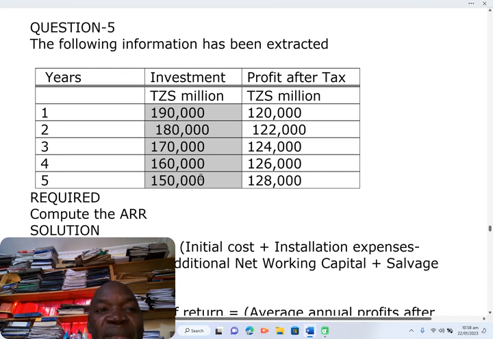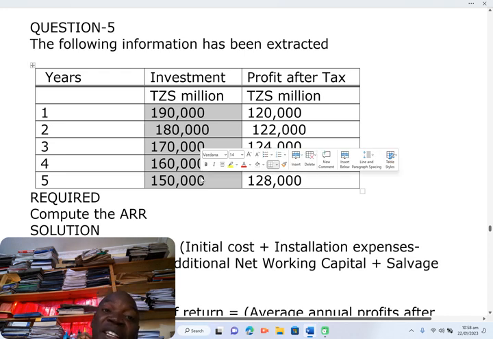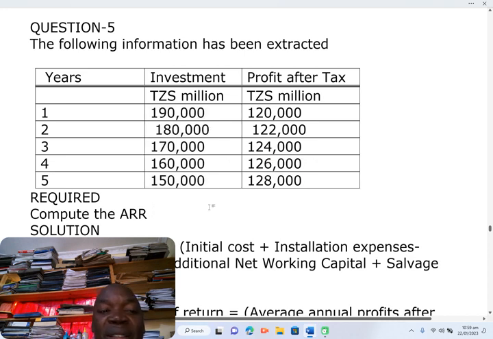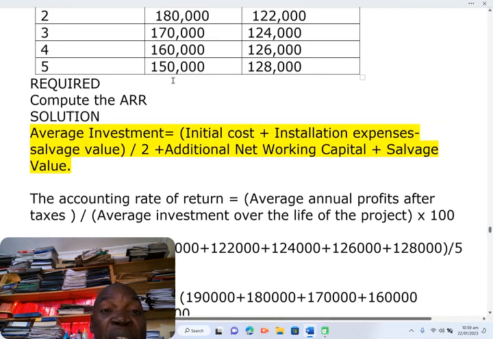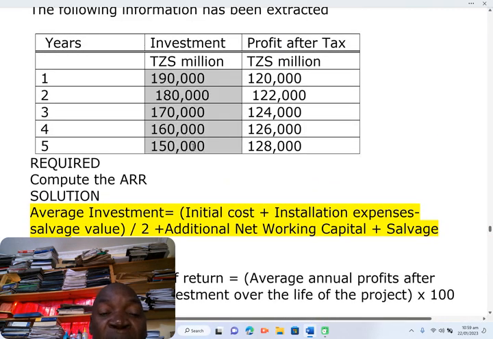At this level, you can observe that investment has been made regularly throughout the period of the project. Now, how do you get the average investment? That's where you need to be very much aware of this computation here.